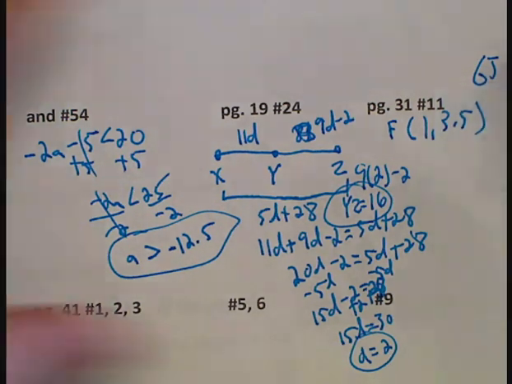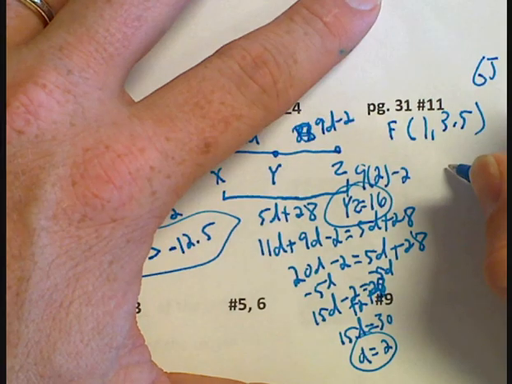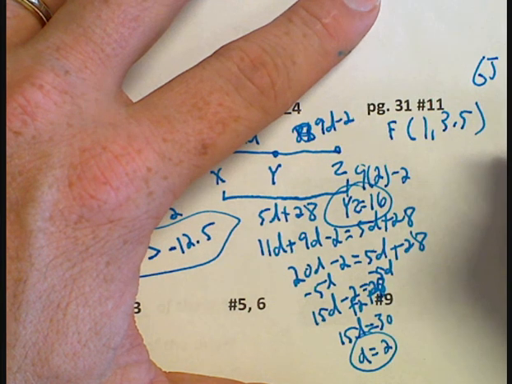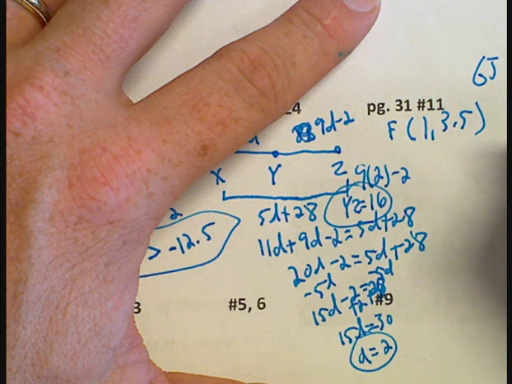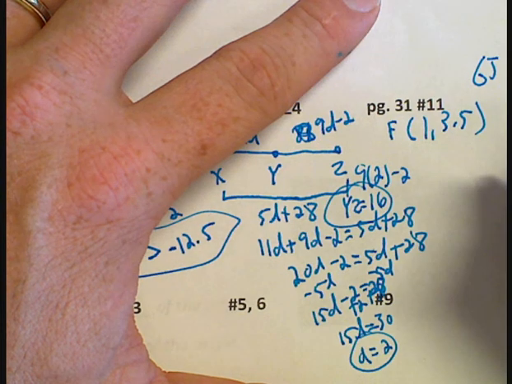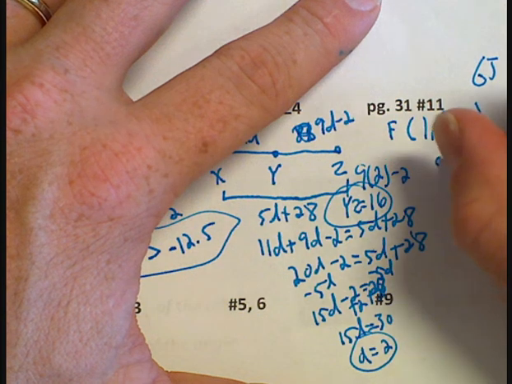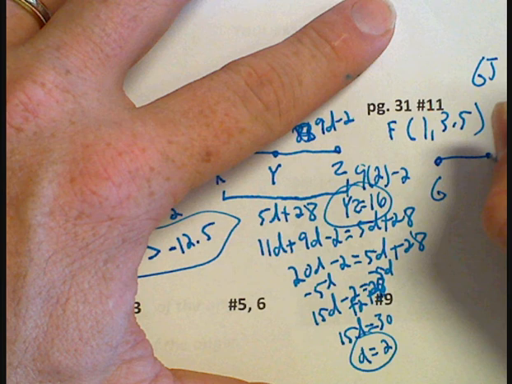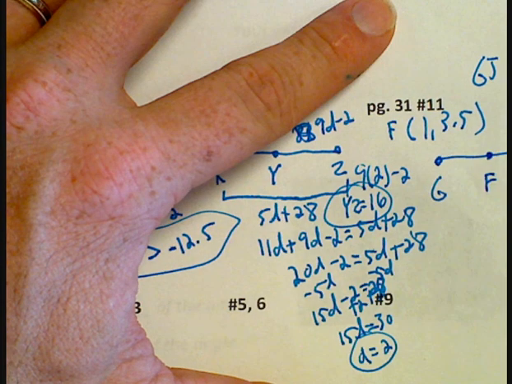Oh, GJ is the segment, and F is the midpoint. So here's G, here's J. F is the midpoint. Okay?